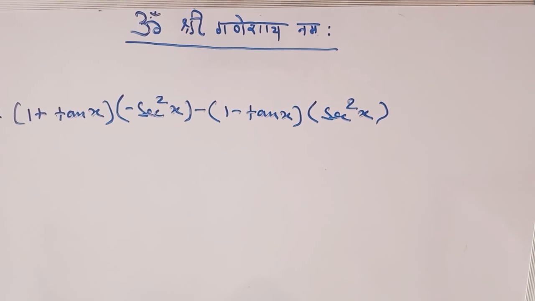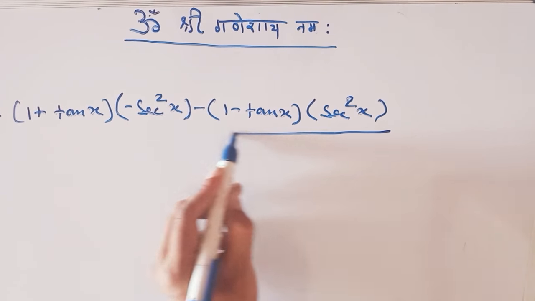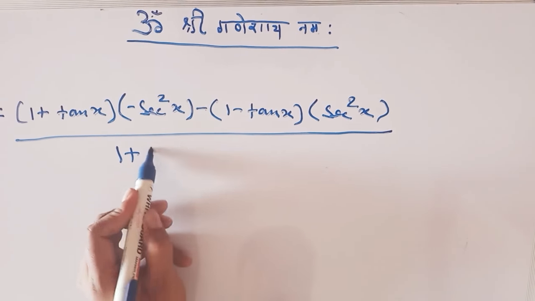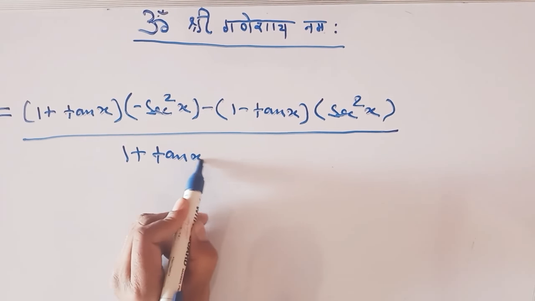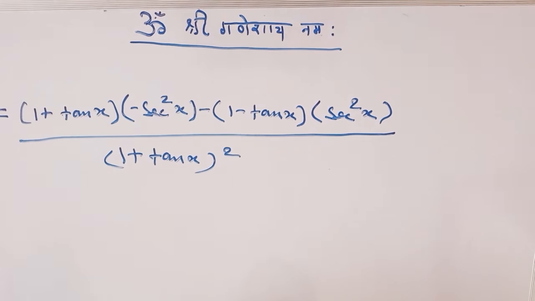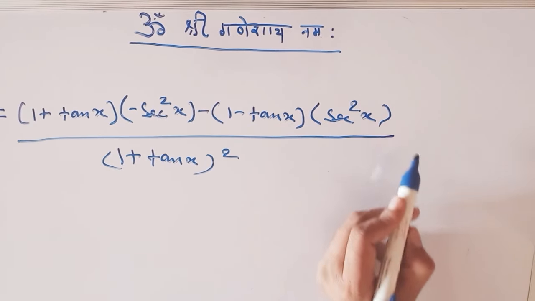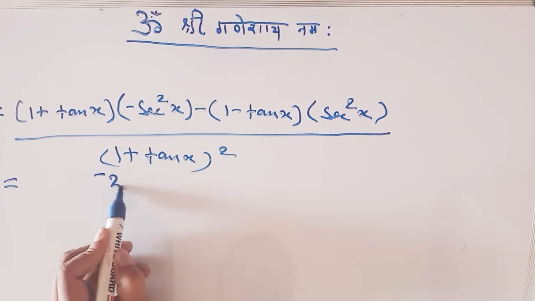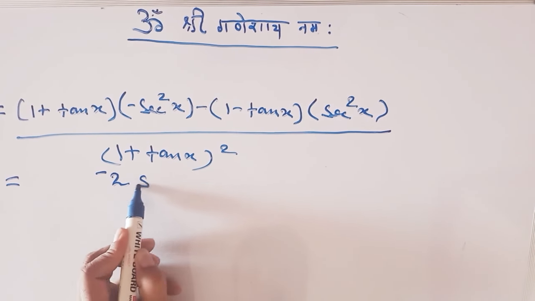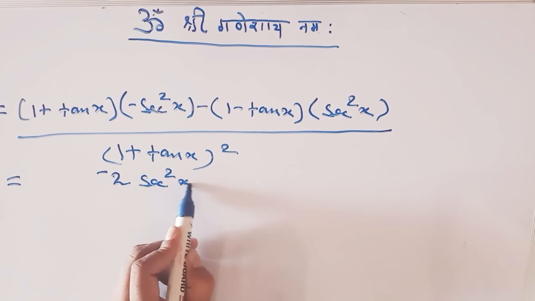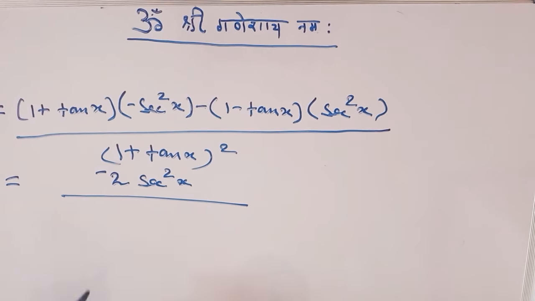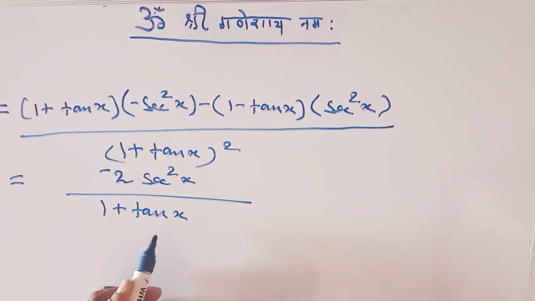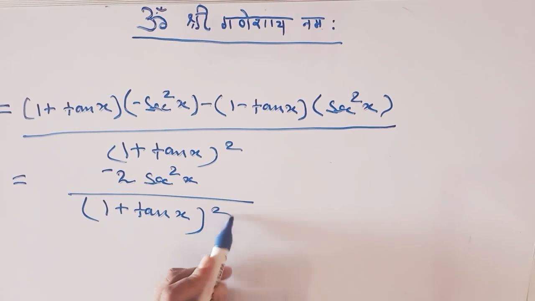Okay, now in the denominator it will be same, (1 plus 10x) whole square. Okay, now which will be equal to what? Minus 2 sec square x upon (1 plus 10x) whole square.